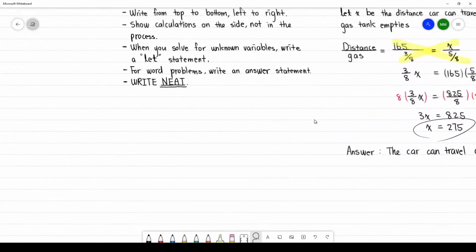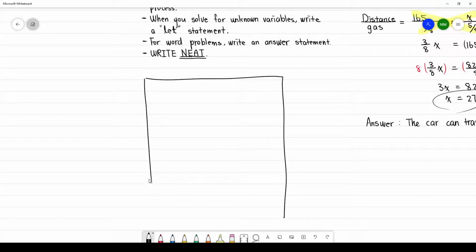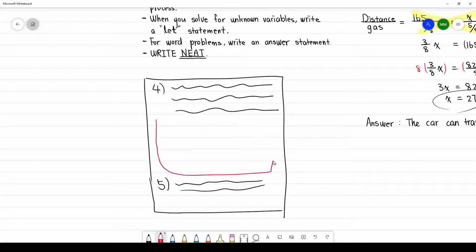Oh, and another thing that maybe I should point out is when you have a page, right? And the question is here, so number 4. So that's the question. And then maybe over here, number 5, there's another question. Well, the teacher gave you this much space to show your work. So ideally, you should only be using this space over here.